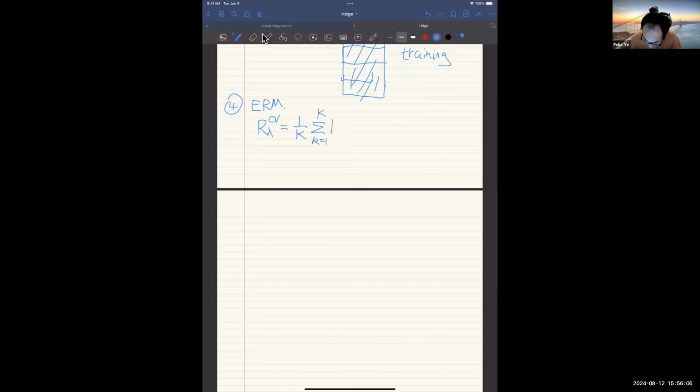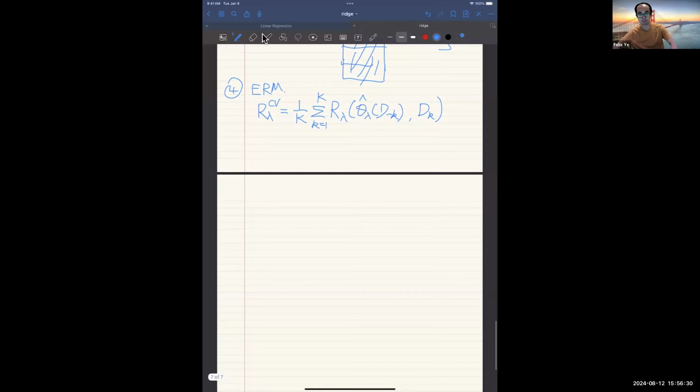So we find theta lambda hat of D minus k, meaning we trained on all folds but k, find the optimal theta hat, but evaluate on D_k, which is my validation data set.